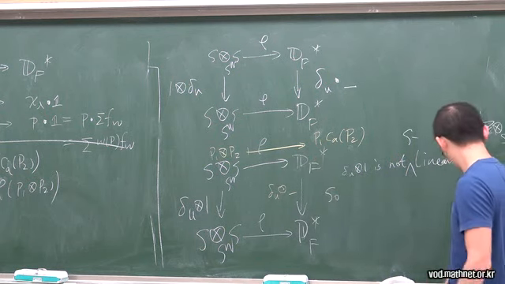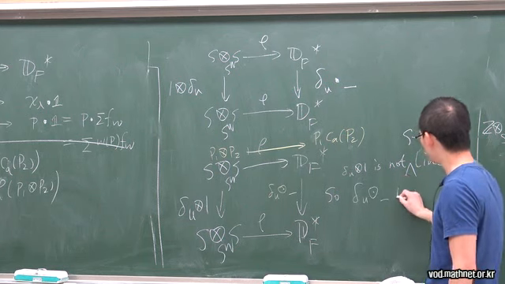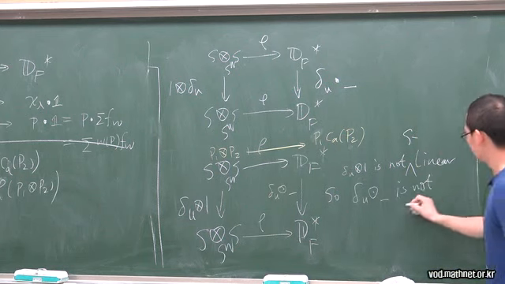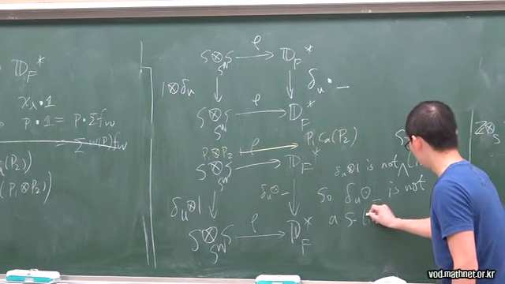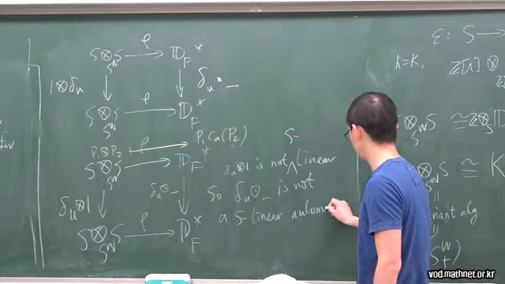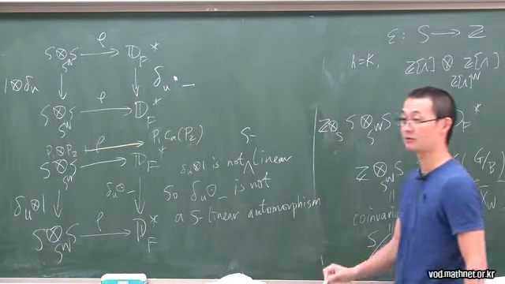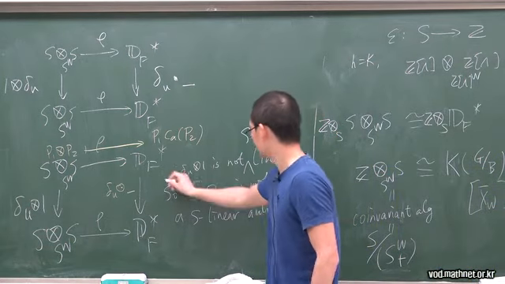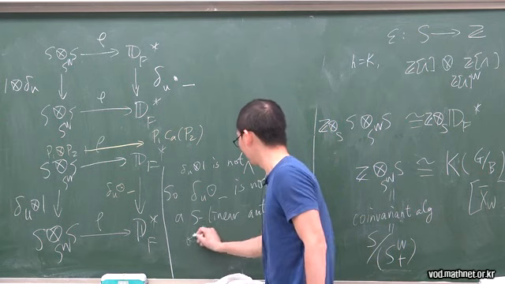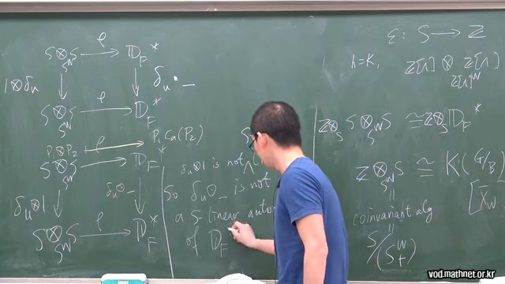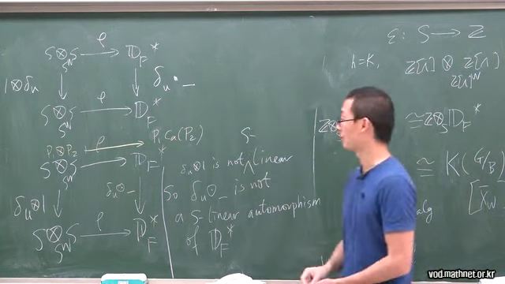So this delta U O dot is not an S linear automorphism. It's still an automorphism, of course, because everything that comes from Y group is invertible. So not an S linear automorphism of DF star. Yeah, I didn't mention that, but the bullet action is S linear. Okay.